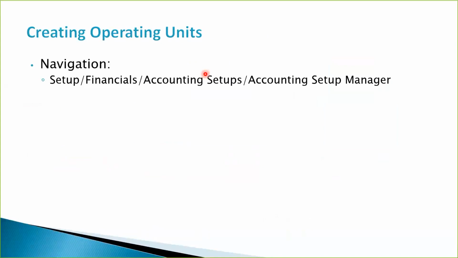Now we need to assign our operating units to responsibilities, which we also need to create. So we need to create two responsibilities, one which will be able to access the Maskani Developers Operating Unit, and the other one which will be able to access the Maskani Property Management Operating Unit.